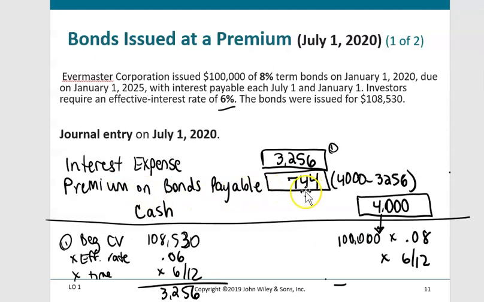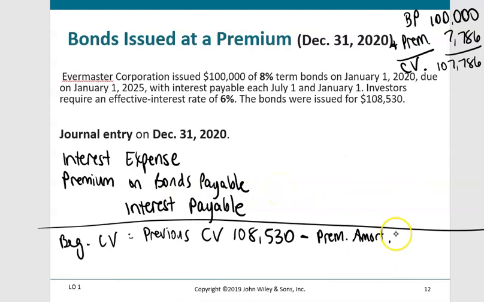We reduce the premium by 744. So if we take the previous carrying value, 108,530, and subtract 744, we get 107,786. So regardless of how we get to our beginning carrying value for this December 31st entry, we get to the same amount. Beginning carrying value 107,786.